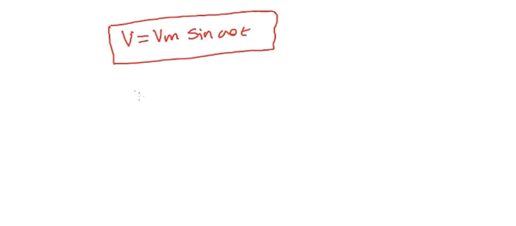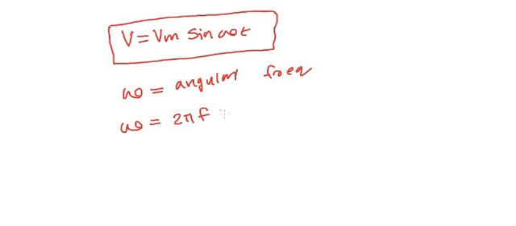e is equal to Vm sin omega t. This is the general equation of an AC signal, and omega is the angular frequency. Omega equals 2 pi f. The unit of omega is radian per second.